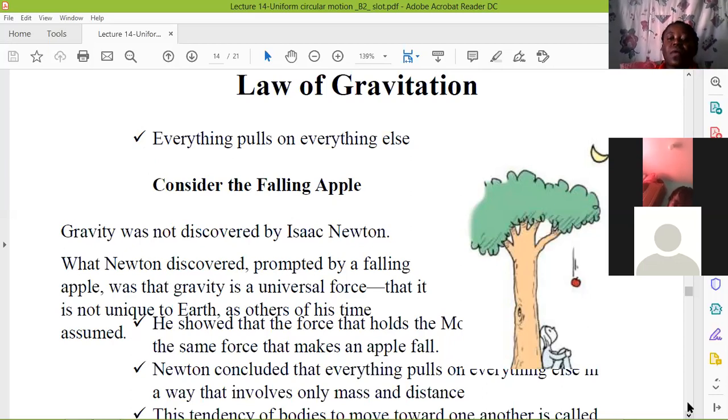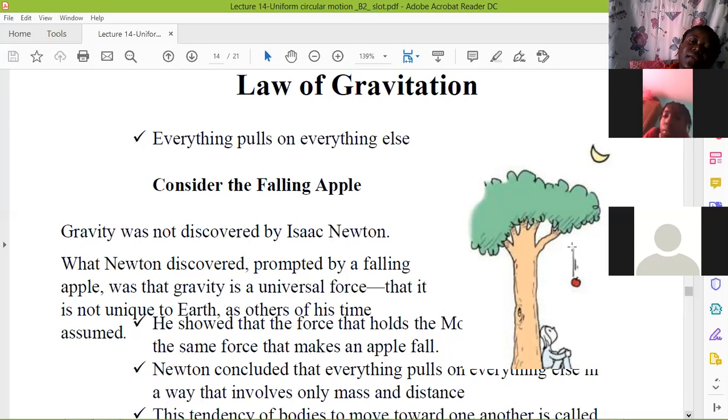If you look at this figure, you can see this apple falls from the tree. As it falls, it's falling due to the gravitational acceleration.